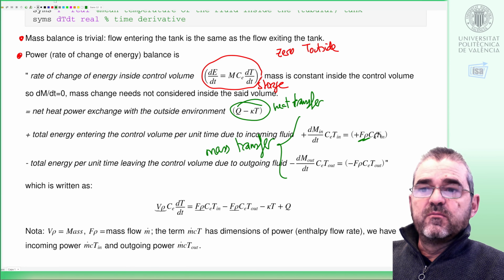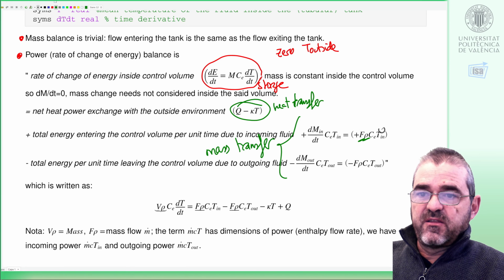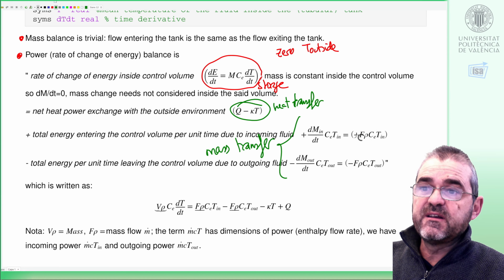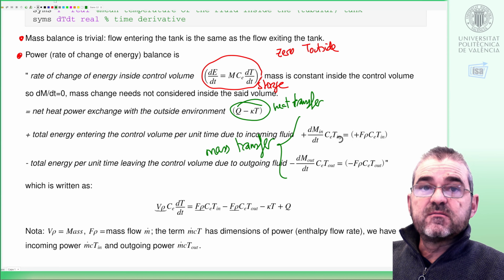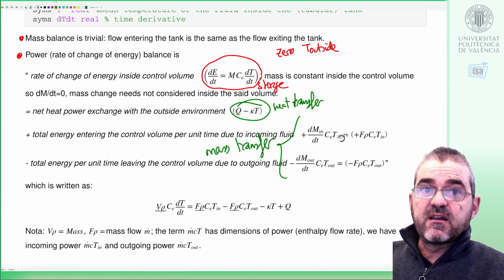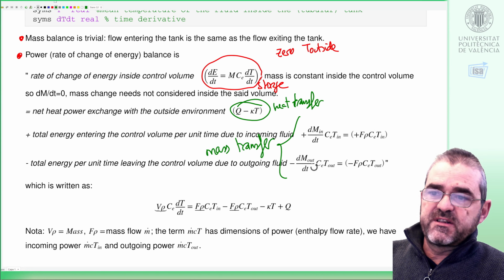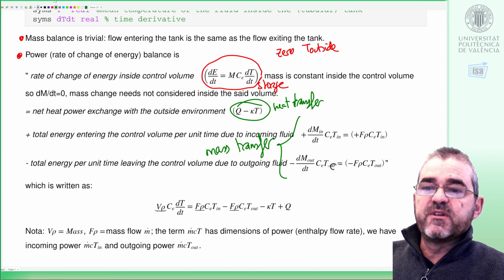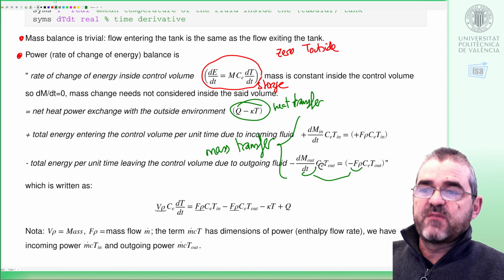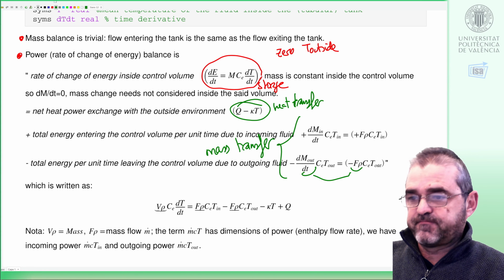So that thing multiplied by the specific heat and the inlet temperature will be the rate of change of the energy inside the tank due to this fluid that is coming with non-zero thermal energy. And we will subtract in our balance a similar term arising from the quantity of fluid per unit time times specific heat times outlet temperature.